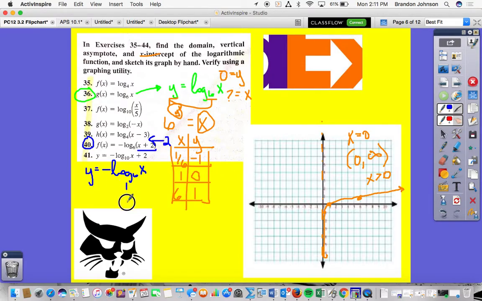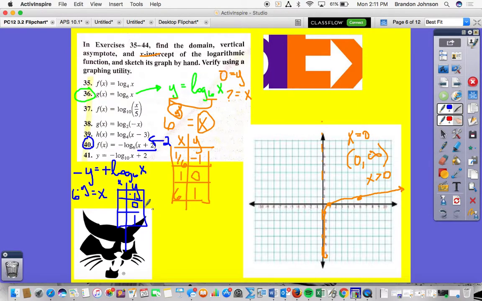So we're going to make a little different t-chart here, x and y. So we'll put negative 1 in, 0, and 1 in. Okay, so before I do anything, I want to make sure I change the sign from positive to a negative here, shooting the 6 to the other side to get 6 to the negative y is equal to x.